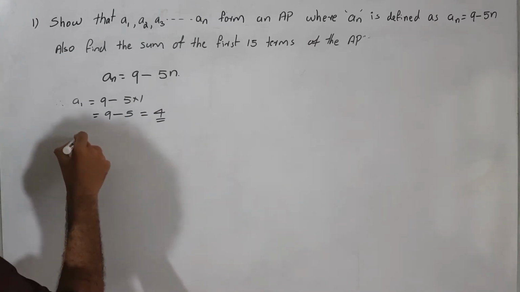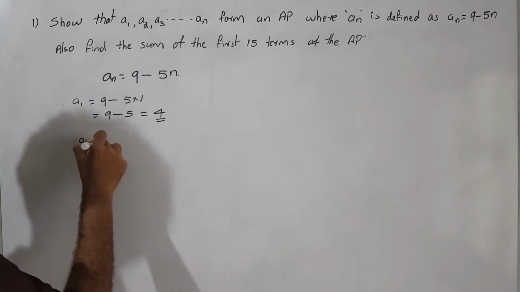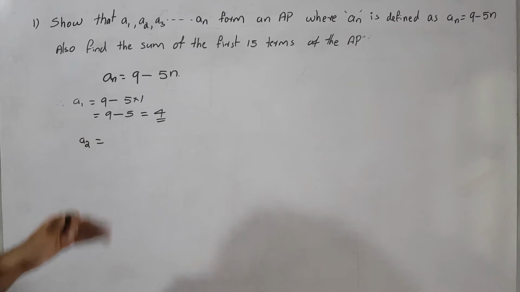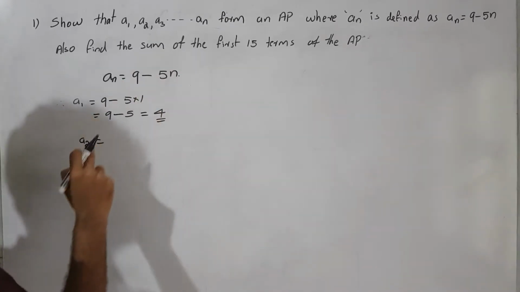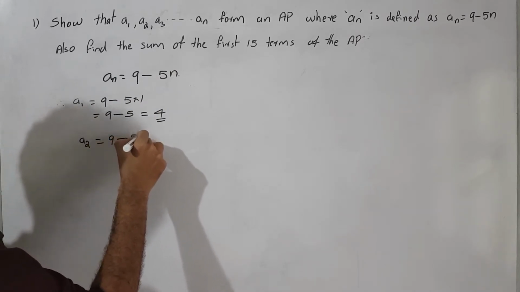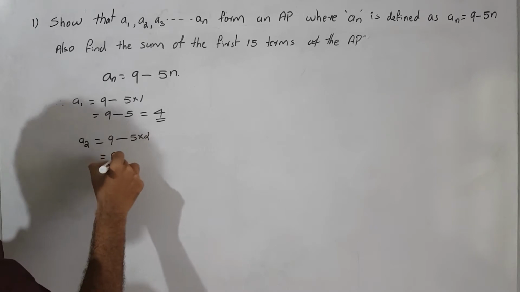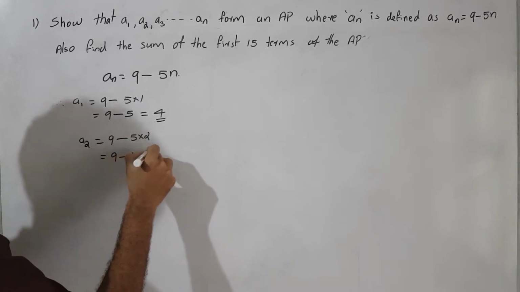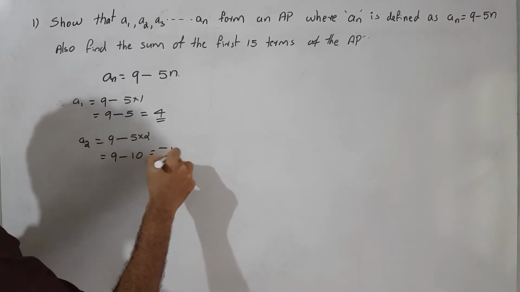Then we know for checking the AP at least 3 terms are needed, correct? At least 3 terms. Then a2. How do we find a2? Instead of n we substitute 2. Then 9 minus 5 into 2, that is 9 minus 10, which is minus 1.